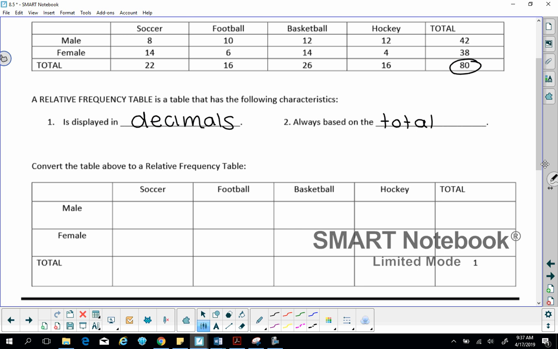You're just taking each of these, like 8, and dividing it by the total, putting the decimal. That's it. You don't need to write that out if you don't want, but I'm just showing you what I was doing. That's what relative frequency is. It's relative to the total. So you're just dividing each one by 80, just to give you your decimal.